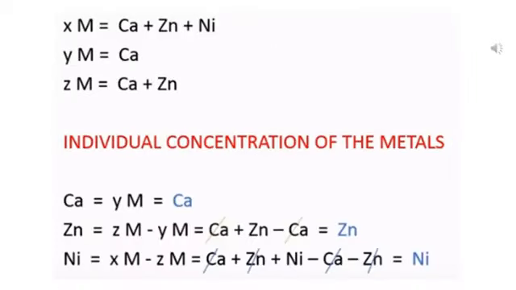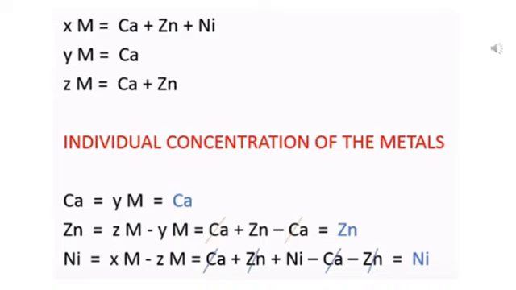From the above example, we see that Xm is equal to calcium, zinc and nickel, in which all three metal ions can react with the EDTA, and Ym, in which the masking agent potassium cyanide is used, is equal to the calcium concentration, in which only calcium can react with EDTA.